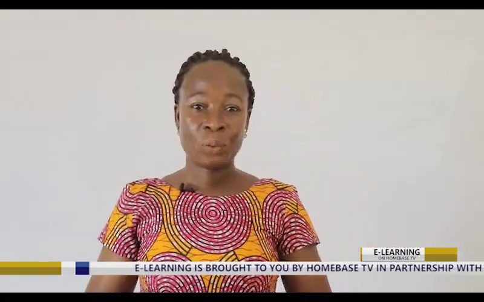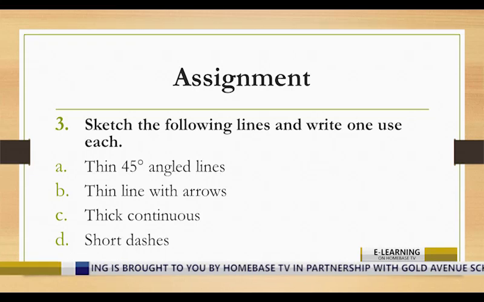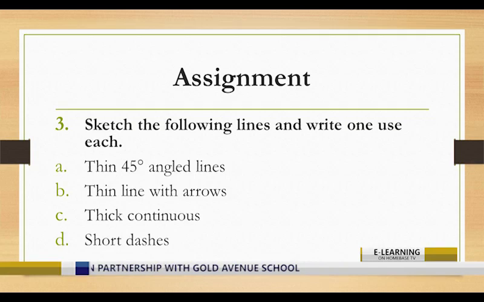Right. Question number 3. Sketch the following lines and write one use each. A. Thin 45 angled lines.